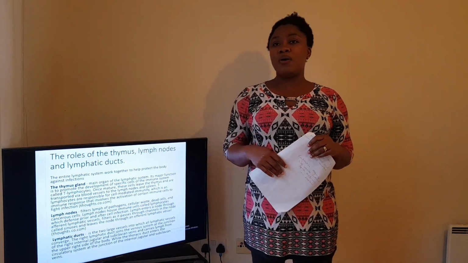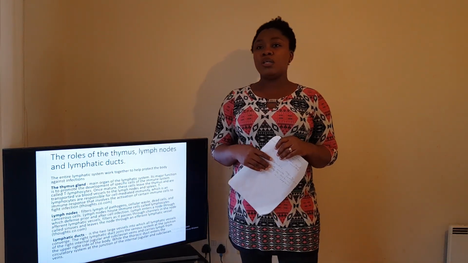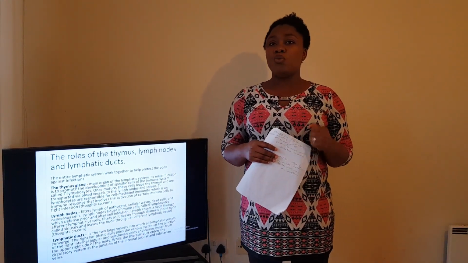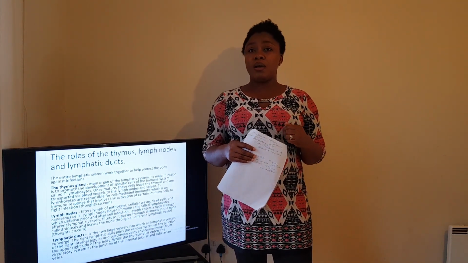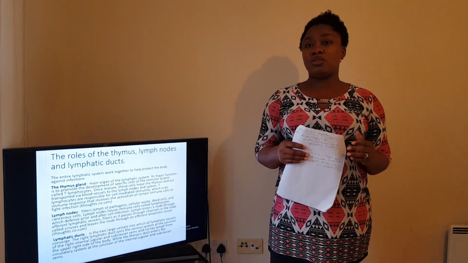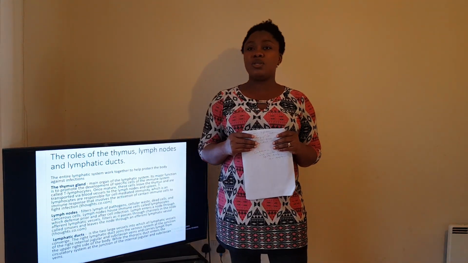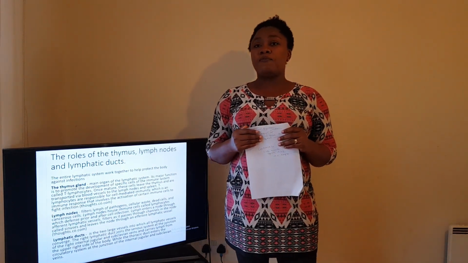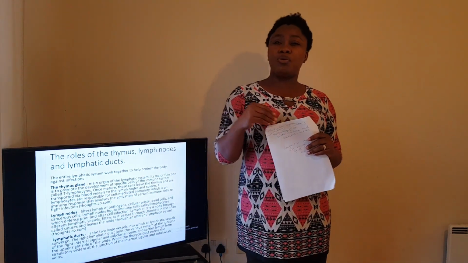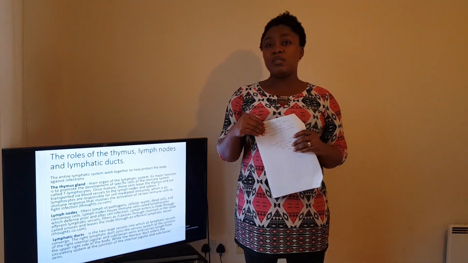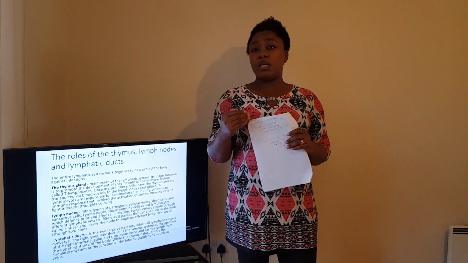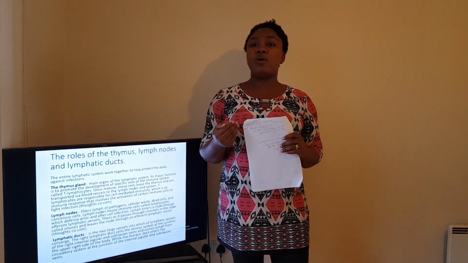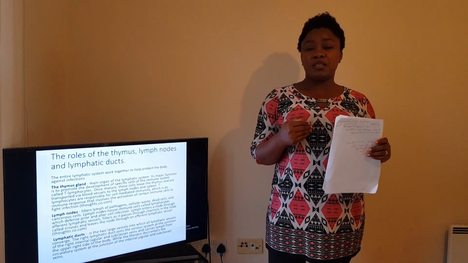Lymph nodes house immune cells called lymphocytes, which help to defend the body before and after infection. Lymph enters the node through the afferent lymphatic vessels, filters as it passes through the channels in the node called sinuses, and leaves the node through an efferent lymphatic vessel.